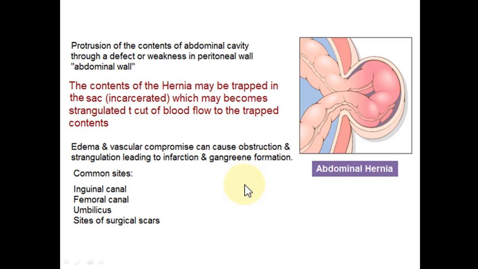The common sites for a hernia are the inguinal canal and femoral canal, and sometimes an umbilical hernia may occur, and mostly postoperatively in patients with surgical scars that weaken the abdominal wall and peritoneal wall, which may lead to an abdominal hernia.